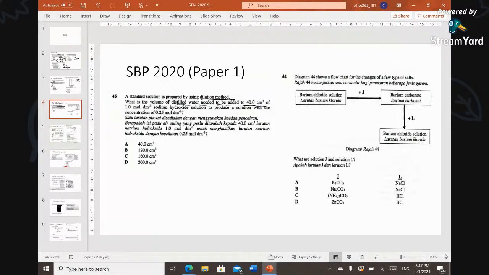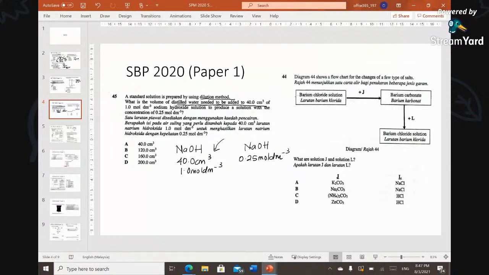So you are using the dilution method. Now you have sodium hydroxide solution, which is 40.0 centimeter cube. How much distilled water do you have to add to produce NaOH solution with 0.25 mole per dm cube?